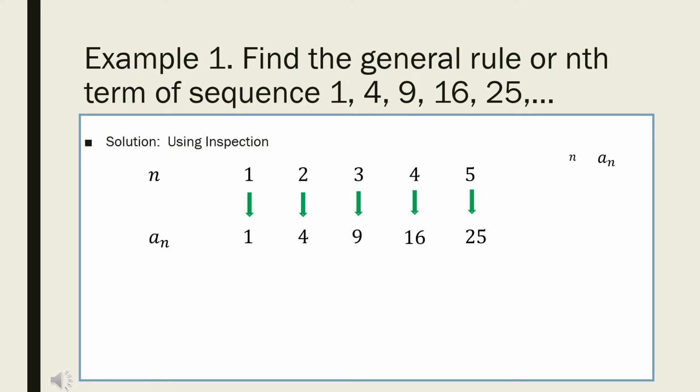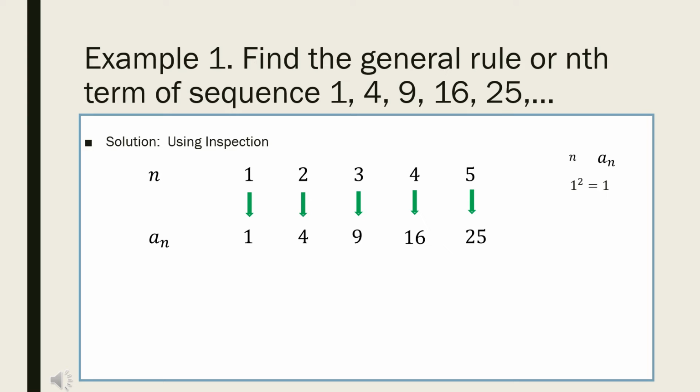So here, as you have observed, the connection from n to a sub n is that if our number of terms is squared, we will have the answer for a sub n. So since our first number here for n is 1, 1 squared is actually equal to 1, or 1 times 1 is 1.